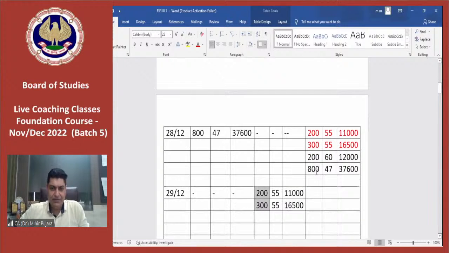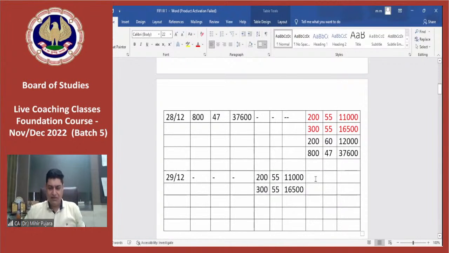500 is over. Now what will be in a closing stock? First lot is gone. Second lot is gone. And these 2 lots are saved as it is.